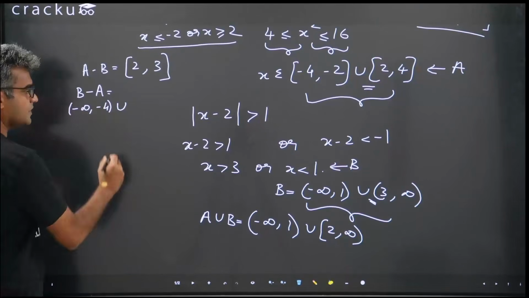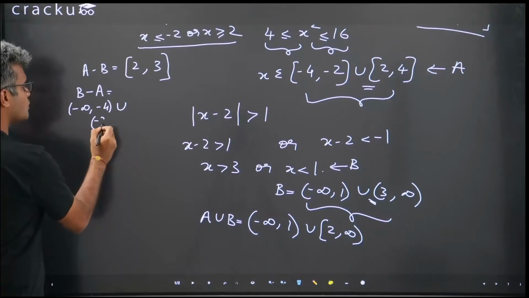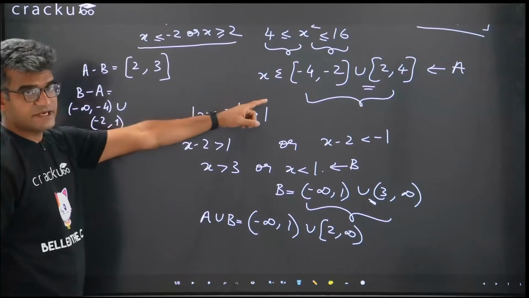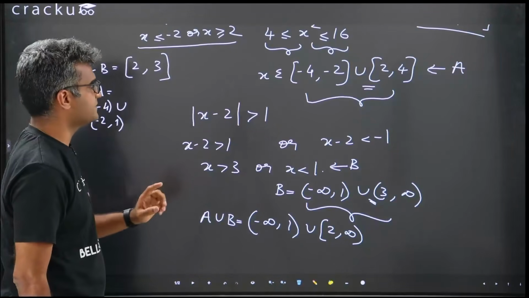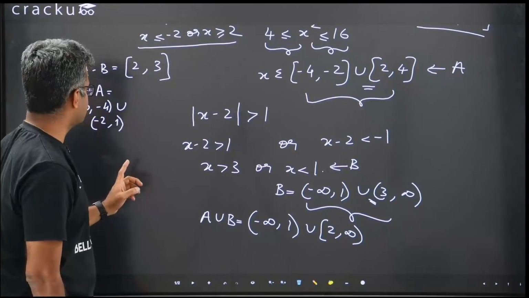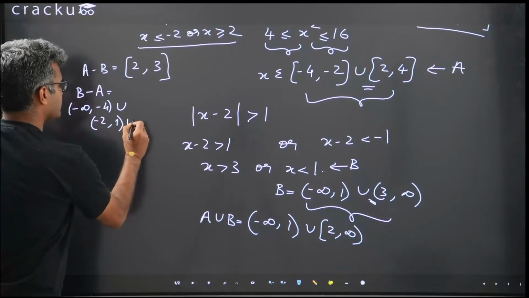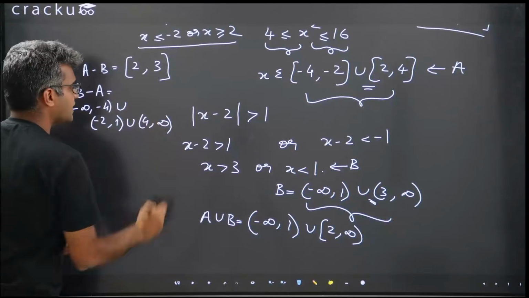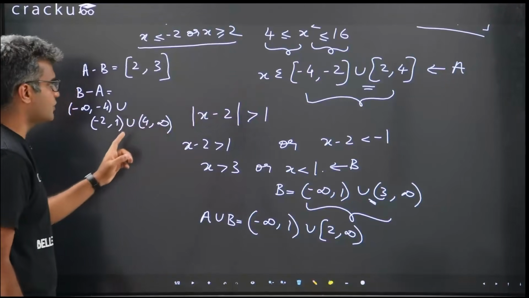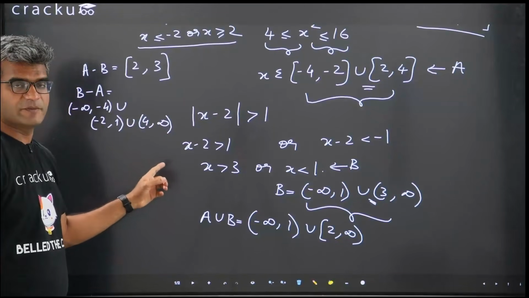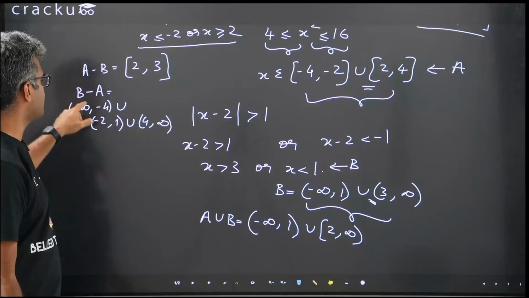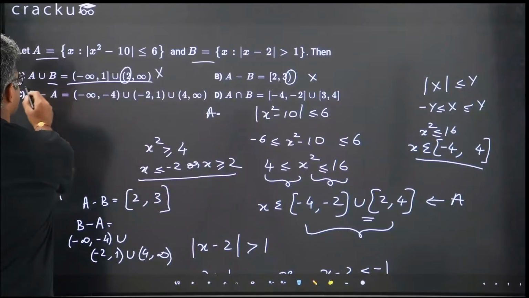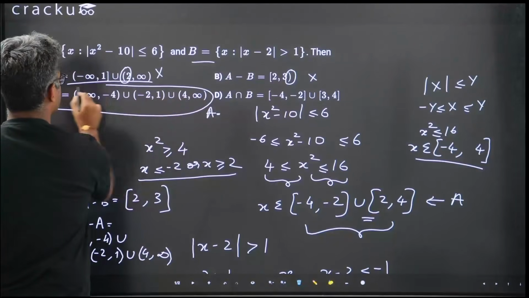Union minus 2 to 1. Note that minus 2 is part of a, so it will not be part of b minus a. And after that, you have union 4 to infinity. Again, 4 is part of a, so 4 will not be part of b minus a. This will be the part of b minus a. If you are looking at it, this will exactly match. So this is the correct answer.